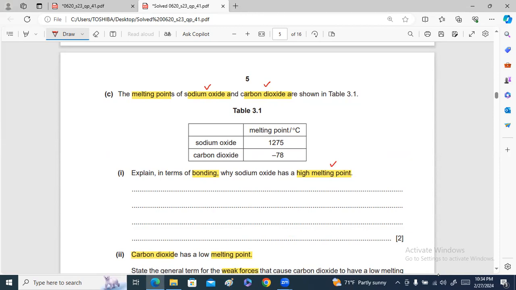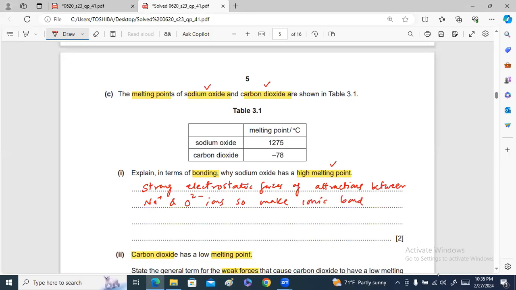Sodium oxide is an ionic compound, so we can say that the strong electrostatic forces of attraction are present between Na positive and O2 negative ions to make ionic bonds strong.